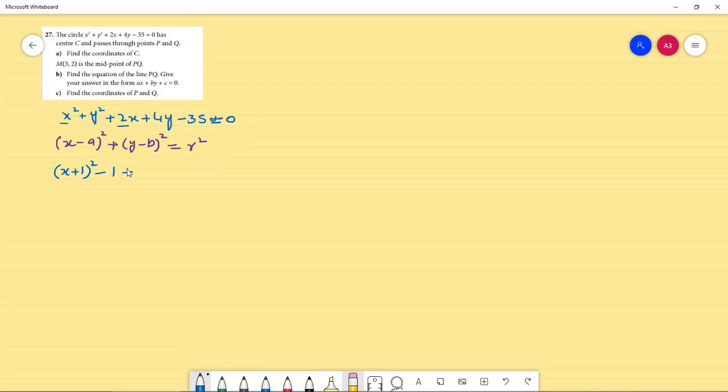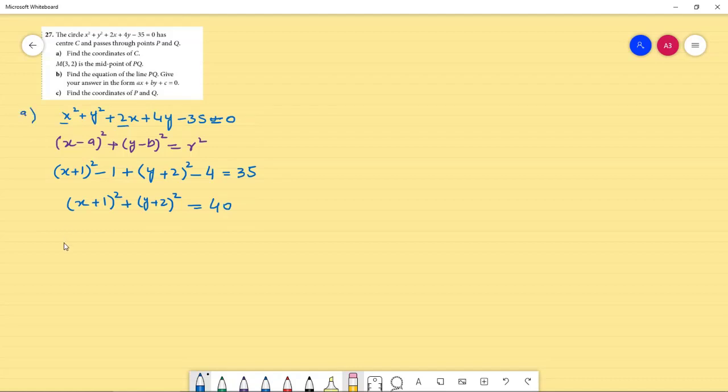So plus y square plus 4y would become y plus 2 whole square and -4, and shift 35 on this side. So x plus 1 whole square plus y plus 2 whole square, when -1 and -4 make -5, shift on this side, this would become 40.